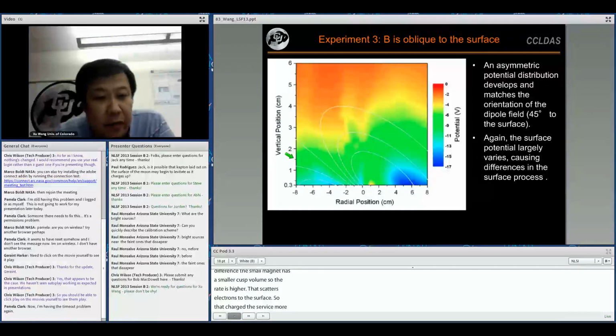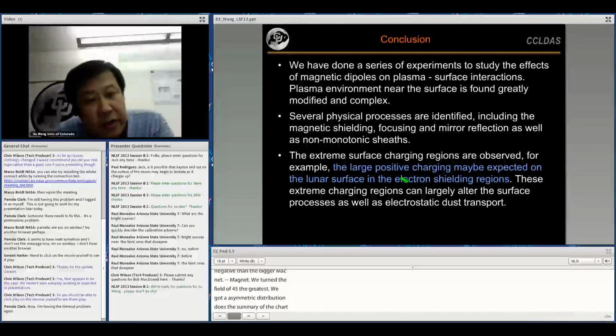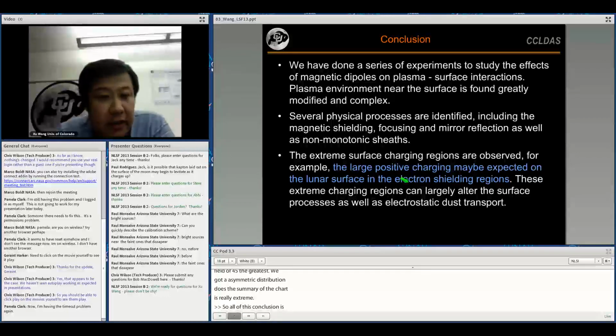Then we turned the magnetic field 45 degrees, and we got this asymmetric potential distribution. Again, you can see that in some regions the charge is really extreme, very negative. All of this experiment tells us the plasma environment near the surface and surface charging are greatly modified.